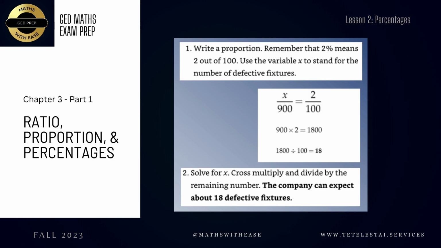So when you get home, you can tell your friend, oh, today at the plant, we completed 900 fixtures and 18 of those fixtures were defective. And your friend, the mathematician, would recognize, oh, that's 2%. Or you can tell your friend 2% of 900 fixtures were defective, and your friend would know that that's 18 fixtures.